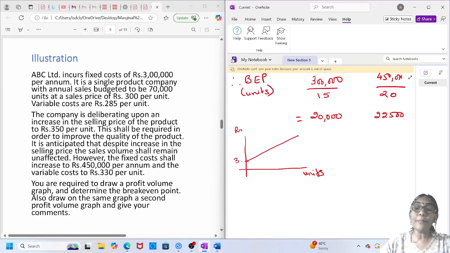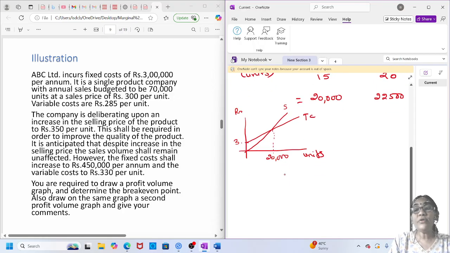So it will go from here. If you are not manufacturing or selling anything, your sales revenue is going to be 0. The point where the sales will intersect with the total cost is your BEP in units. So in the current scenario, it would be 20,000. So this is how you are expected to draw the graph.